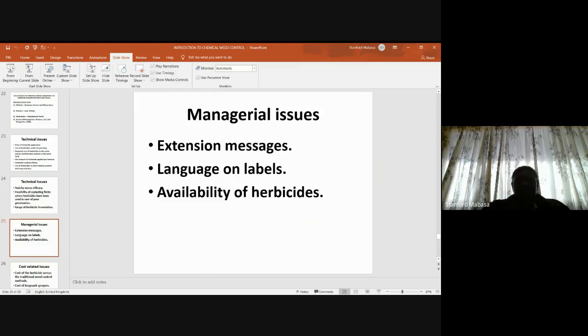Then managerial issues, extension messages. It appeared they were not having enough information on the herbicide use. Language, there was no local language on the labels. And also the availability of these herbicides when they need them.